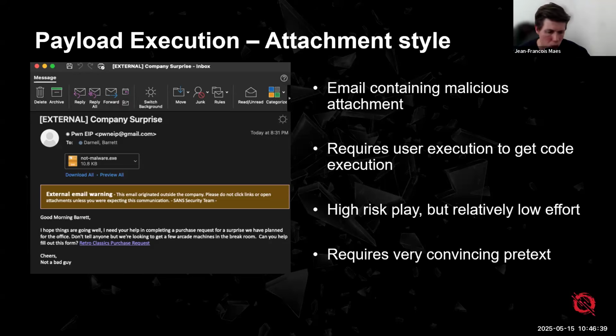For example, a mail gateway that has a sandbox attached to it, which is automatically going to try and detonate your particular attachment in a sandbox environment to see, hey, is this malware or is this actually legitimate, right? So this type of attack, very straightforward to do. It doesn't require you to spin up any additional web servers or anything like that to host your payload, as you're simply attaching it directly to an email. But the effective rate here is quite low nowadays as well, because as I just mentioned, a lot of organizations have pretty robust detections against this type of attack.